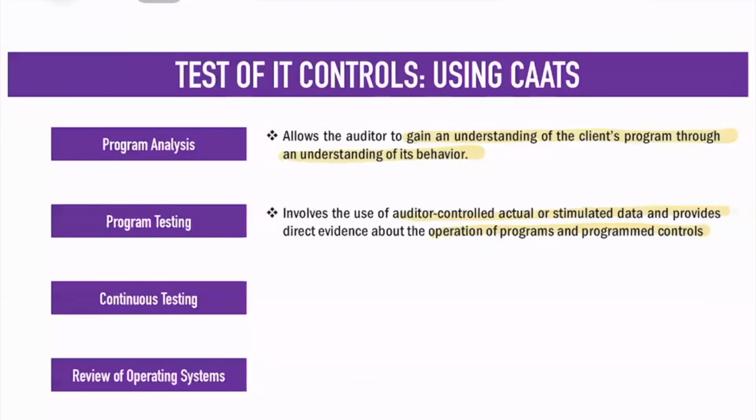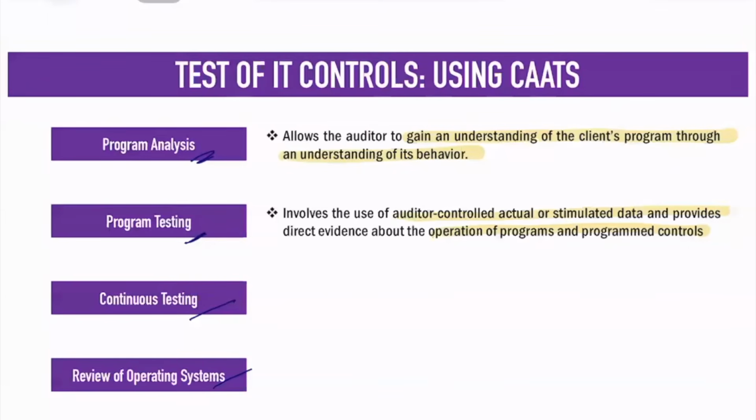Therefore, whenever we talk about CAATs, may iba't ibang CAATs. Hindi lang purely test data, hindi lang purely ITF or integrated test facility. Pag tinawag natin siyang CAATs, pwedeng i-analyze mo mismo yung program, i-test mo mismo yung program. You have continuous testing that is embedded on the system itself, or you review the operating system.